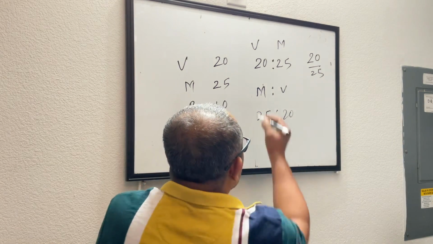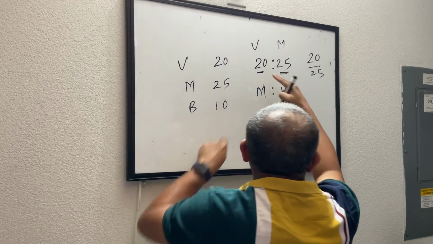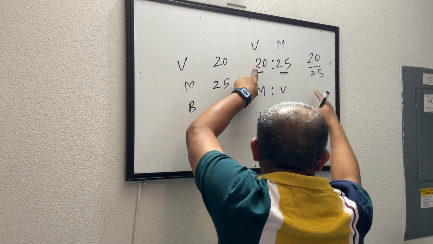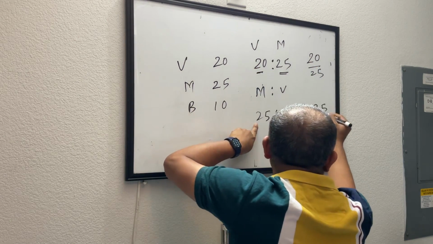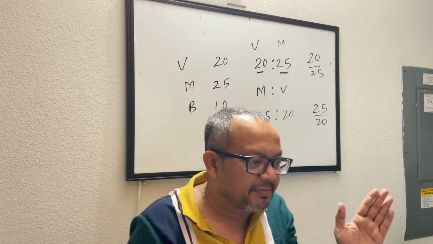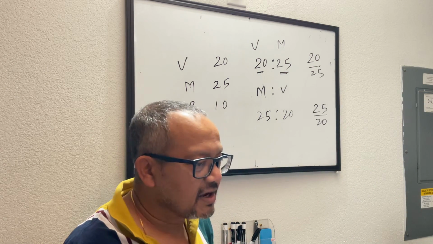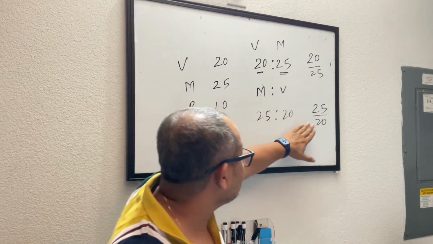So basically you are picking the first number as the base and comparing the second number against that. So ratio is nothing but when you have two numbers to compare, you find the relationship, or comparison, of the numbers against each other.